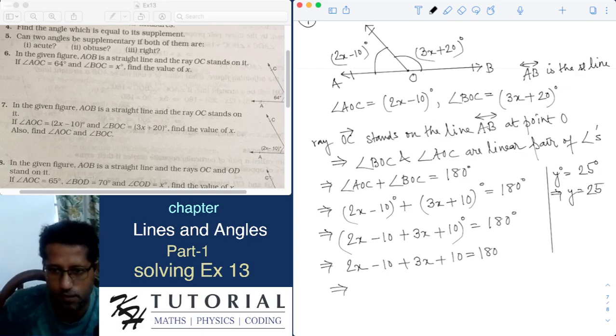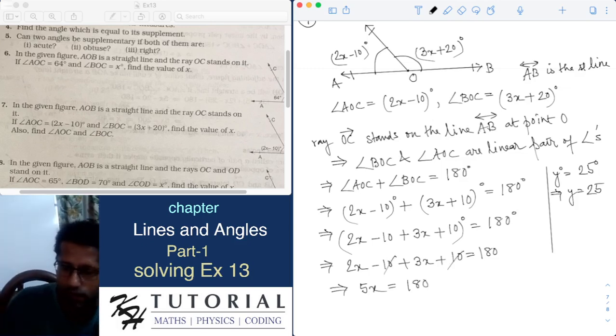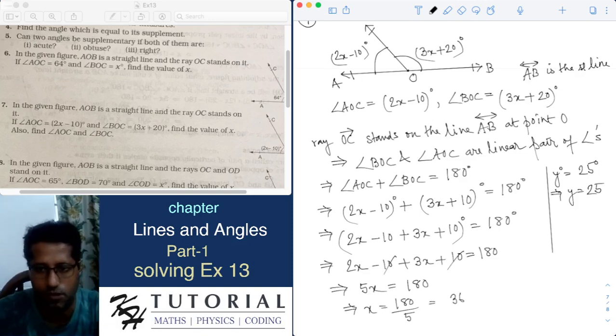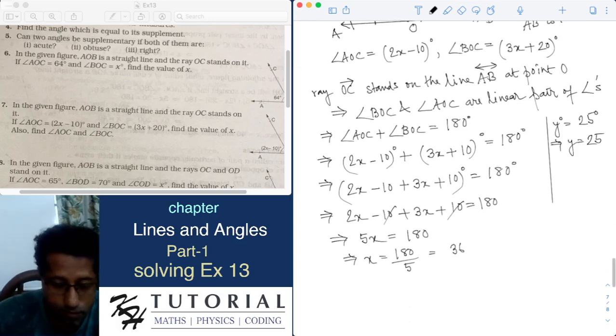If we add the like terms, we get 5x equals 180. So 10 cancels. This implies x equals 180 divided by 5. This is 36. X is not 36 degree, but x is 36.